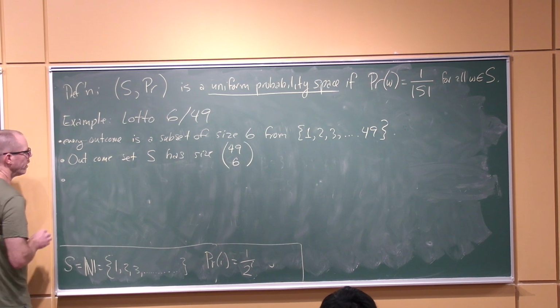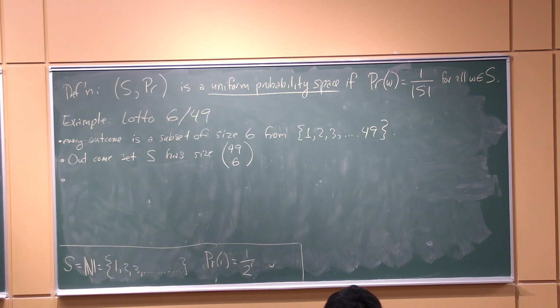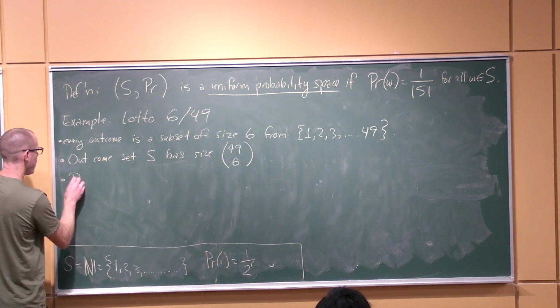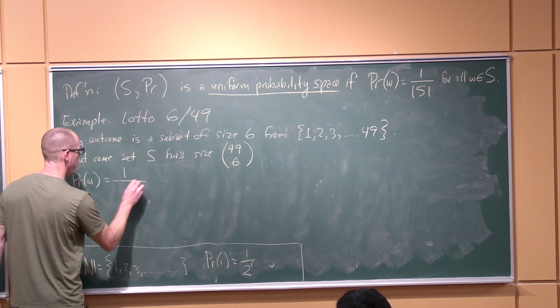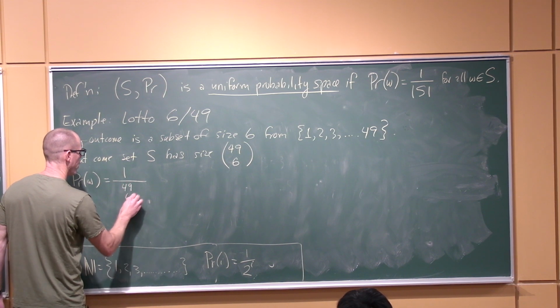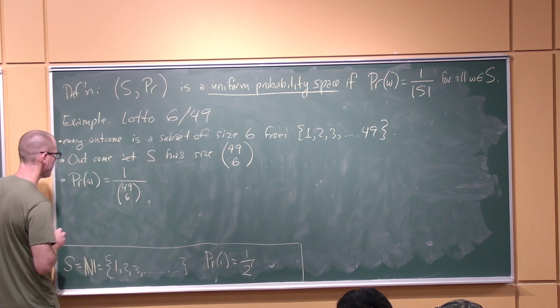And I mean, there's no reason to think that any set of 6 numbers should be more likely than any other set of 6 numbers. So that should say that the probability of any particular outcome is 1 divided by 49 choose 6. Okay?